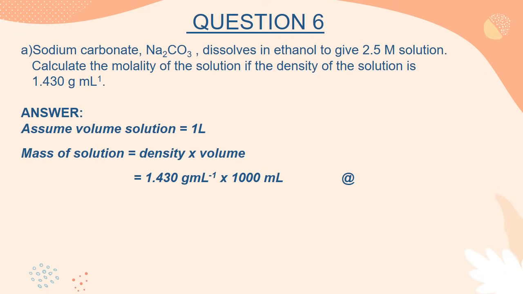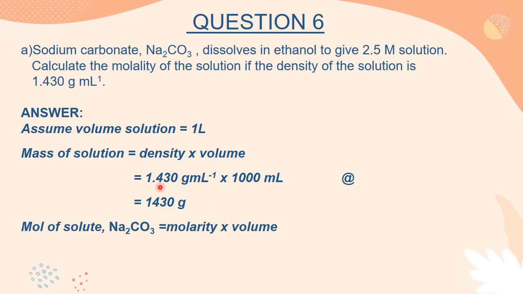So mass of solution equal to density times volume. We assume volume 1 liter or 1000 ml. From using density, we can determine the mass of solution, 1430 gram.